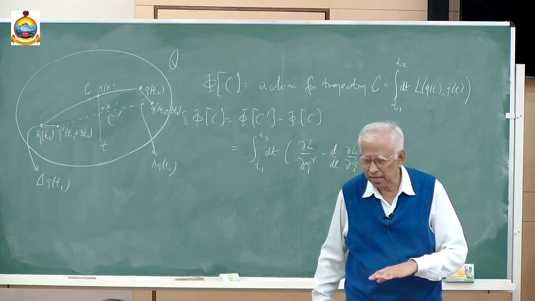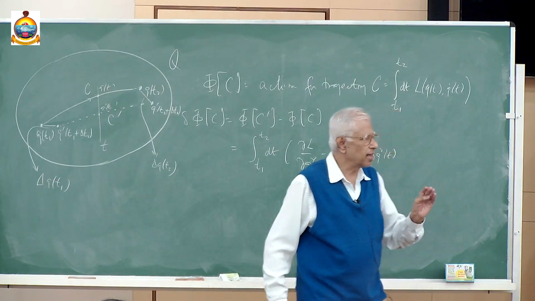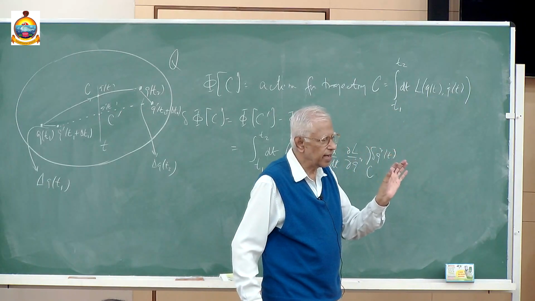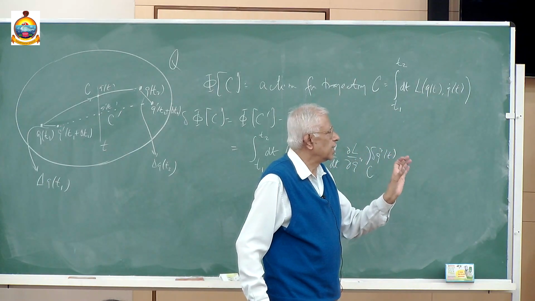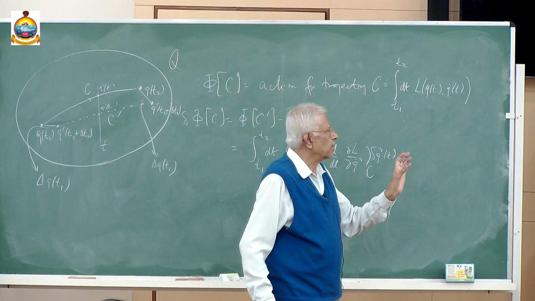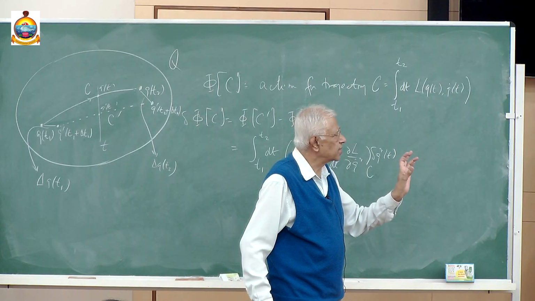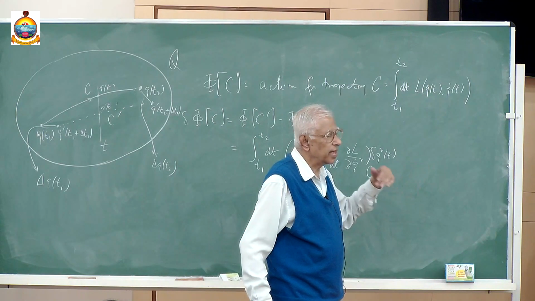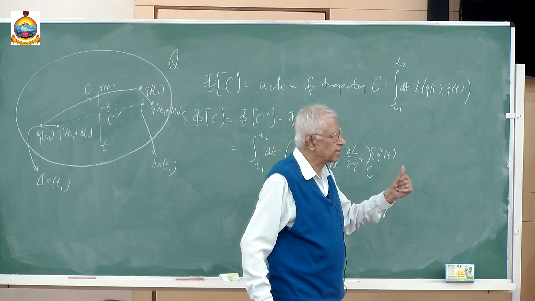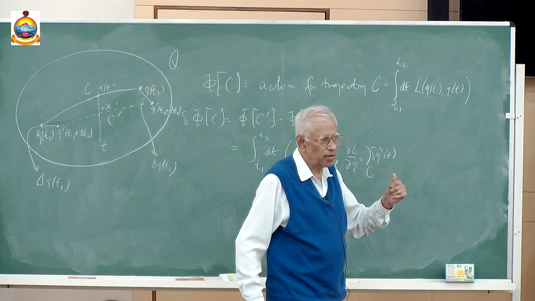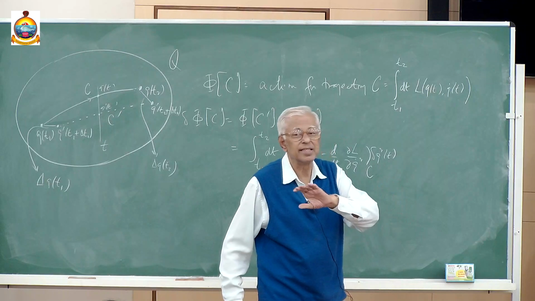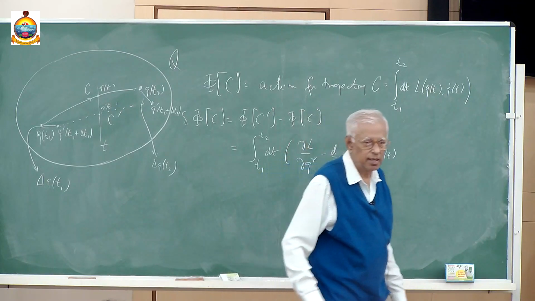You are allowing endpoint changes. Then Newton and Lagrangian equations of motion are contained in this declaration. They are such that under small changes of the extended type, the action changes by endpoint terms alone. This is a statement, a declaration.